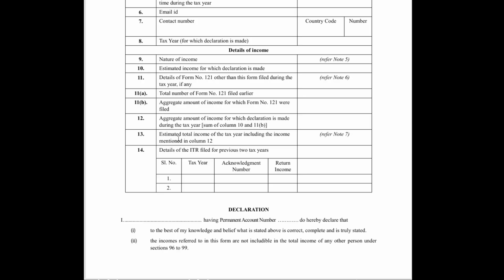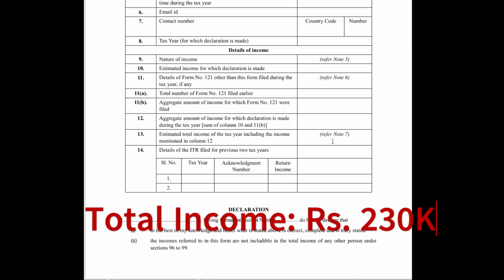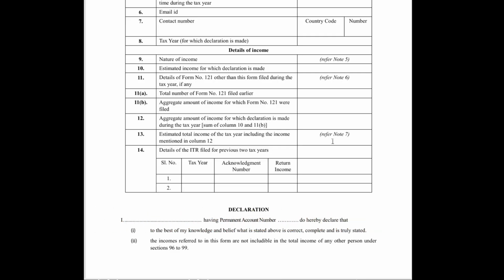Serial number 13 includes the total income: the estimated total income for the tax year in entirety, including other than the FD interest, any profession, business or salary income, which is less than the basic exemption limit, so you have to provide the total estimated income for the tax year.